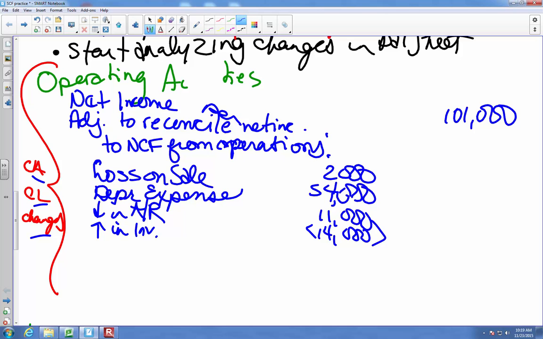Sarah? Prepaid expenses. So we're going to add that. Decrease in prepaid, so I used it up. It flowed through my P&L. It dropped my net income, but it didn't take cash, right? Add back.